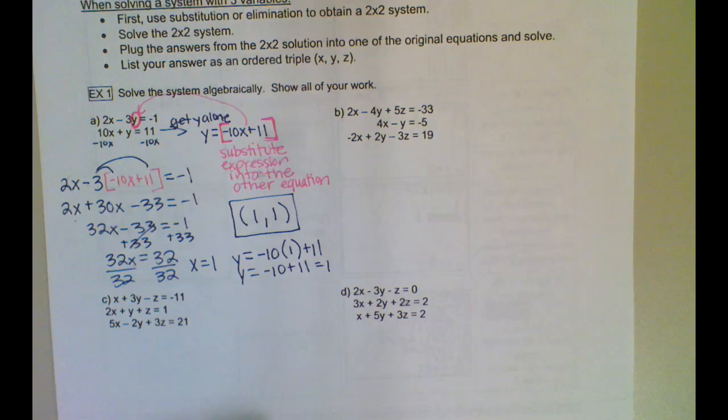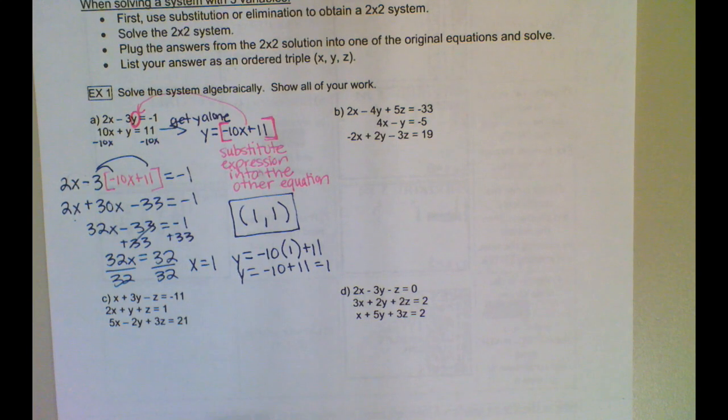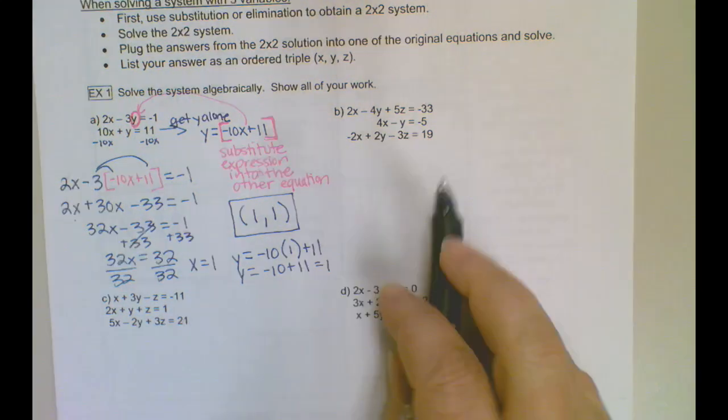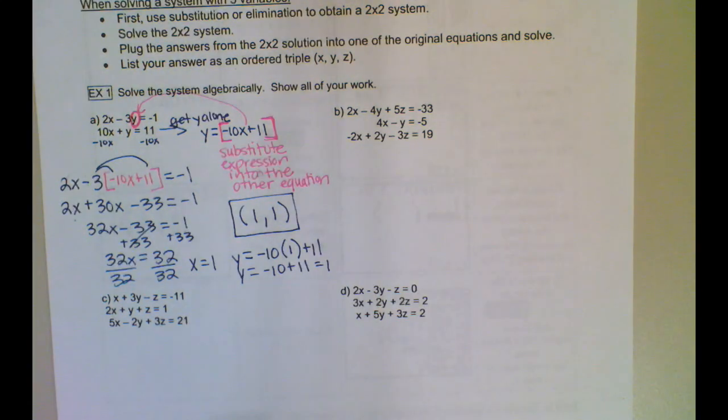Okay. So my first objective is to obtain a 2x2 system. And when I do that, I always do that with elimination. I think it's way easier once I move to 3 variables to get it down to 2 if we use the elimination method.